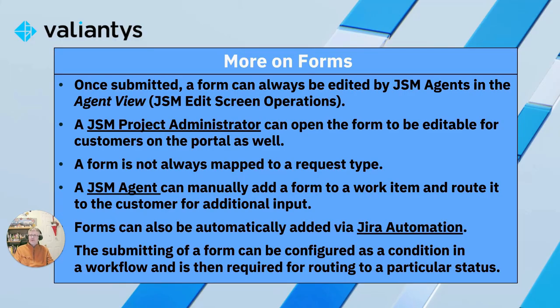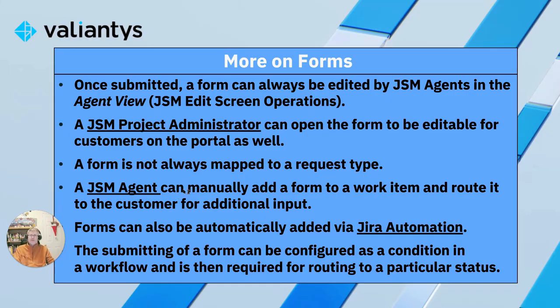Now, it's important to emphasize that forms are not always mapped to a request type. This is specifically of note because a JSM agent, from the work item view, when they work a ticket, can manually add any form to that work item and route it back to the customer for additional information.